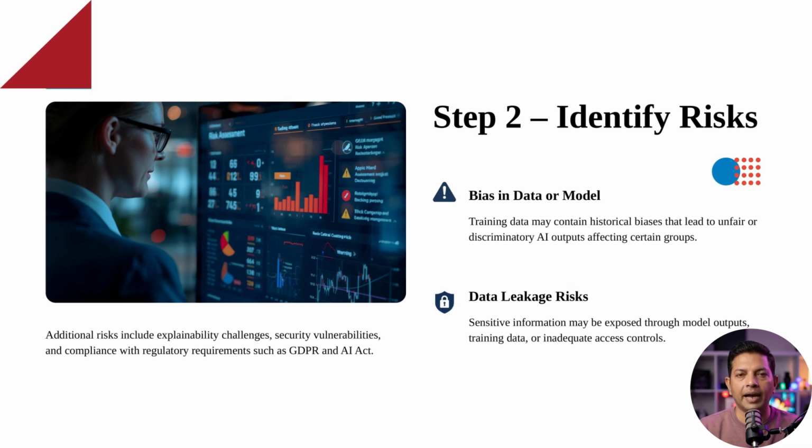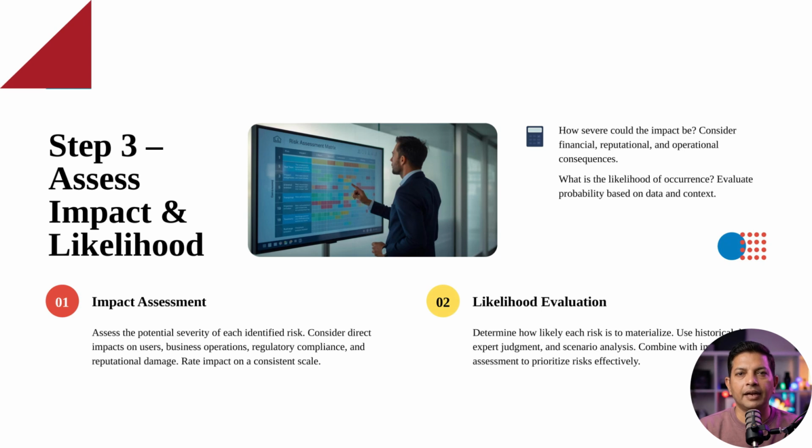Also consider compliance risks. Are there regulatory requirements that apply to this AI system? A practical way to do this is to use a checklist or framework to ensure you don't miss key areas. The goal here is not to be perfect, but to create a comprehensive list of potential risks that you can evaluate further.